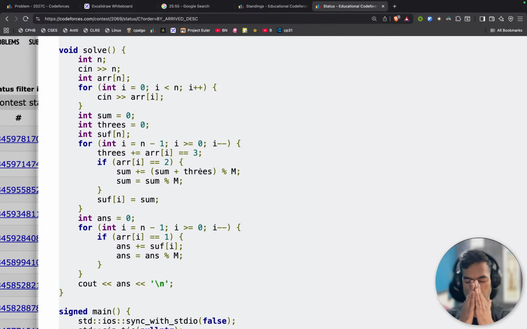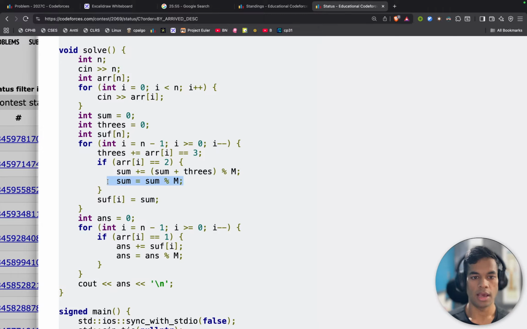So if the current number is a 2, you see all the possible ways to choose any of the twos which were to the right, and then you are adding all the threes, which is the count of all the threes that you could choose with this current 2, and you are taking modulus.